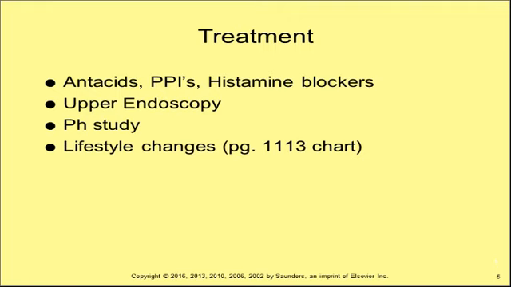So when they look at this pH study, it can actually tell them what the pH in your stomach or close to your stomach is, and if it's on a higher end, then it can be seen as a way for patients to have surgery.